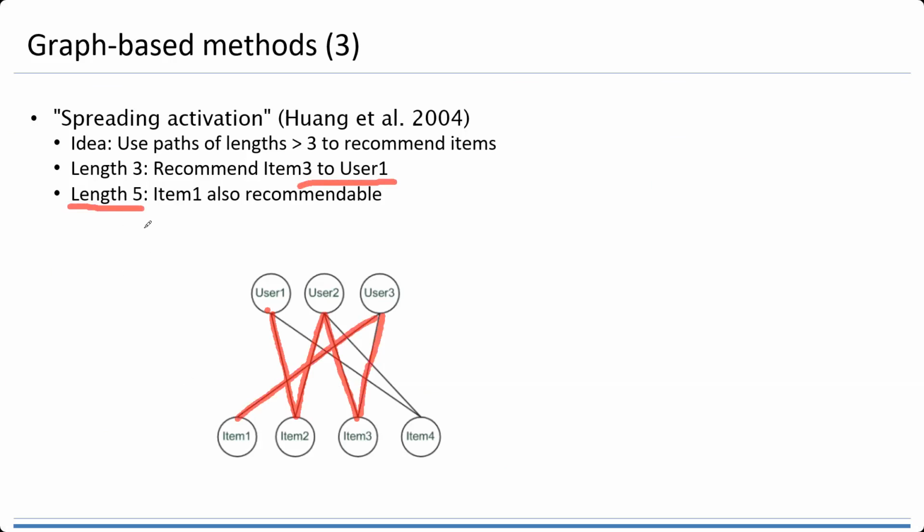So we have the length of 5. It means I can recommend item 3 and I can recommend item 1 to user 1. So it depends on how long a length you want to design.